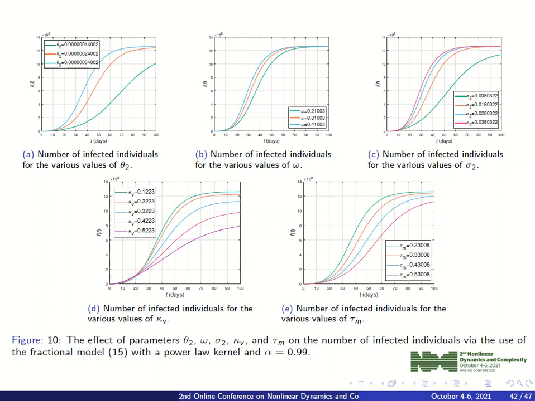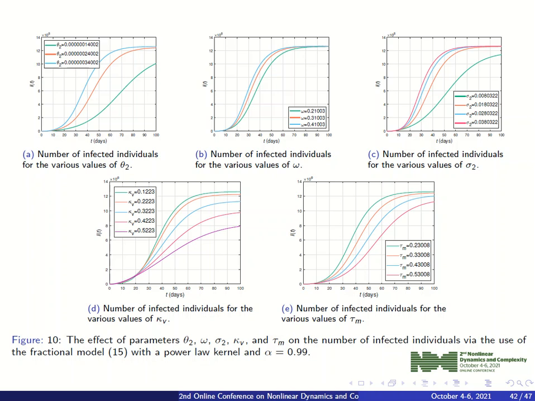Figure 10b shows the proportion of the asymptomatic infection parameter omega graphically. The number of infected individuals decreased by a reduction in the value of omega. Thus, the asymptomatic infection plays a vital role in the infection development, so it is necessary to educate people about how to avoid contact with such individuals.